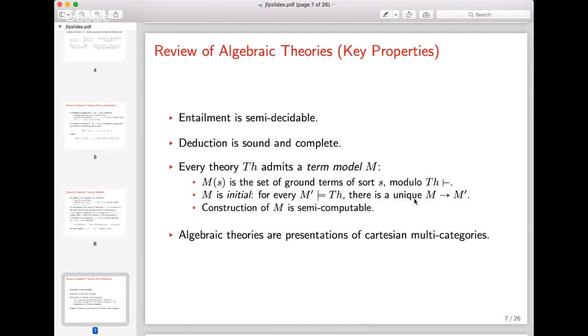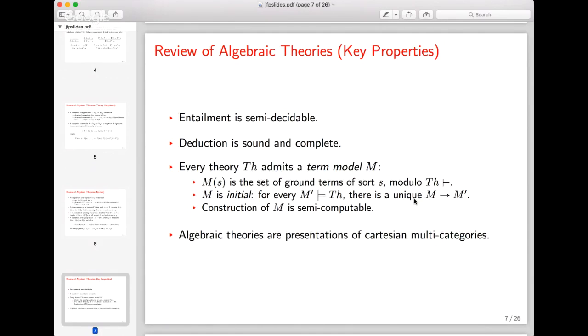And then finally, this concerns us more from the algebraic databases perspective: every theory has something called a term model, which is a model that you can build out of the syntax of the theory itself that is minimal.